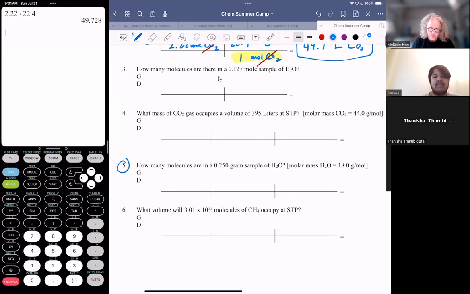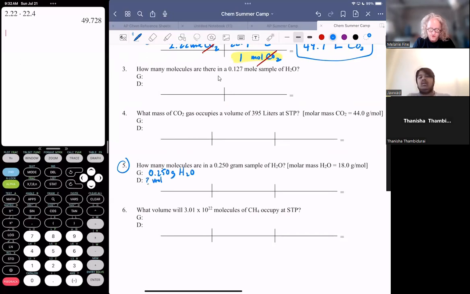What are we looking for? Or actually, they do given first. What do they give us? They give us grams. They give us 0.250 grams, right? Of H2O. And what do they want? They want the amount of molecules.